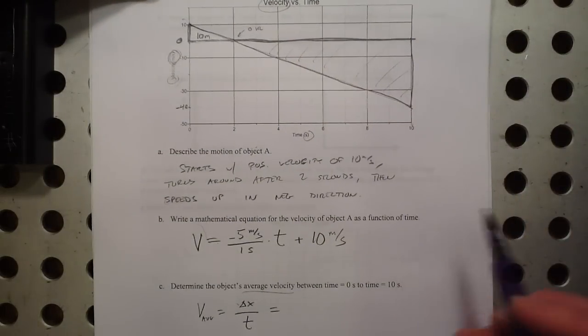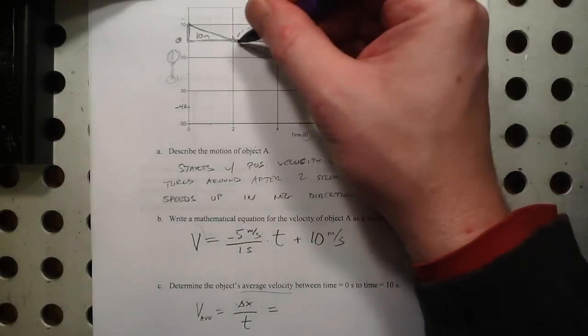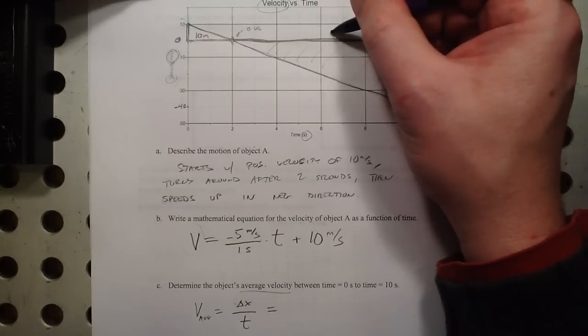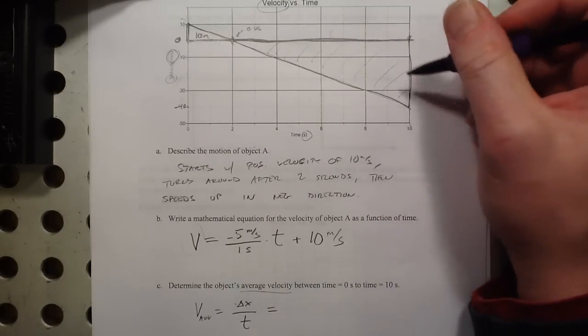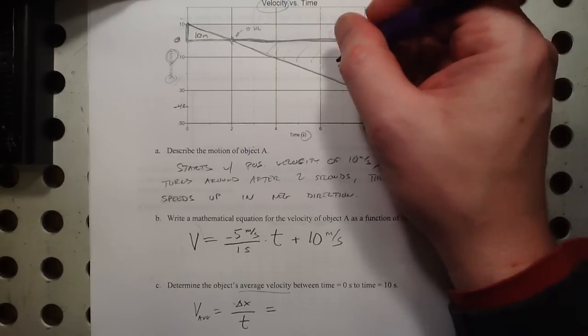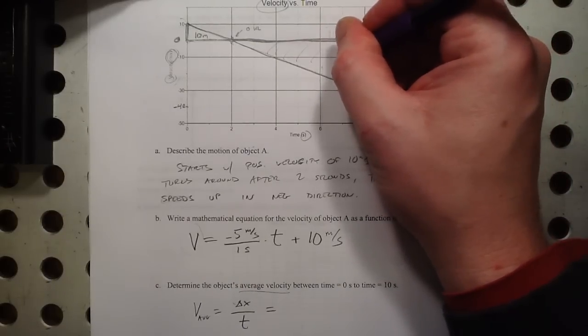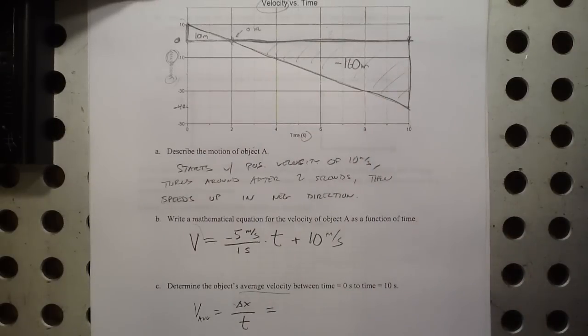This triangle here has a base of 8, right, from 2 to 10. It's 8 and a height of 40. So 1/2 base times height, I think it's 160, but it's underneath, so that's negative, right? That's going in the negative direction. These are all negative velocities.